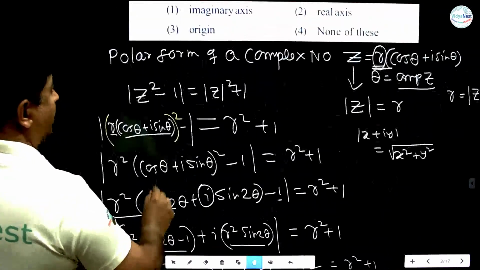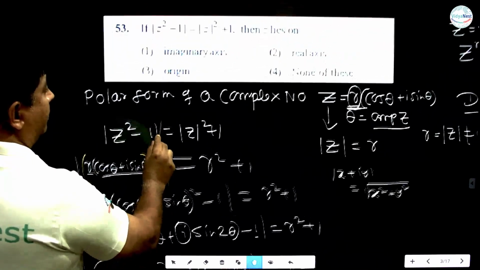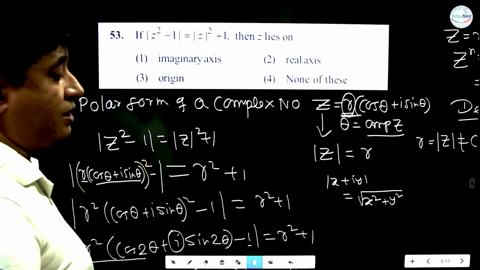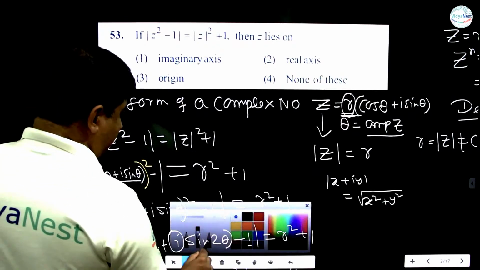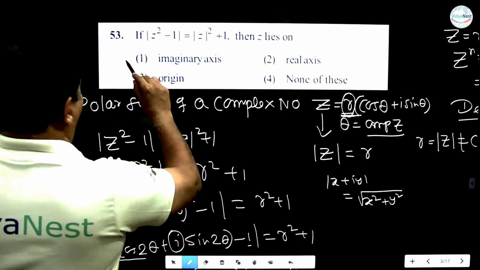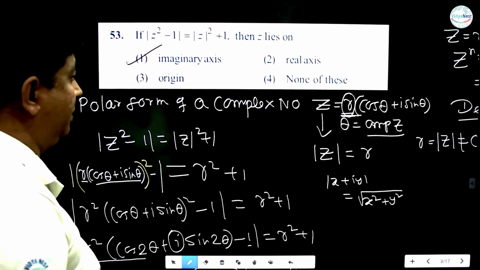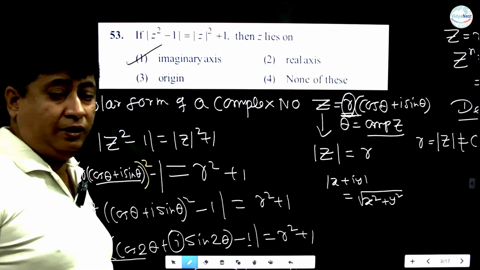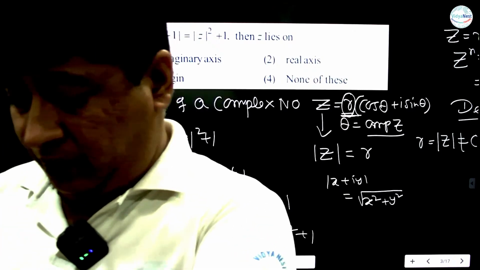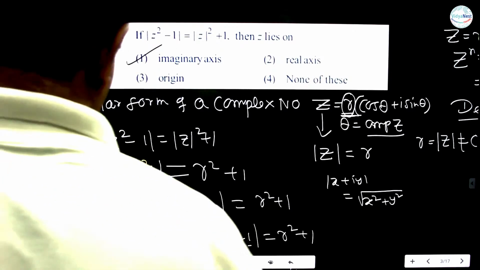But one thing is left. Let us see with which option it is matching. It is matching with option A or option 1. ठीक है, imaginary axis. Z is purely imaginary. So, imaginary axis. Okay? समझ गया?